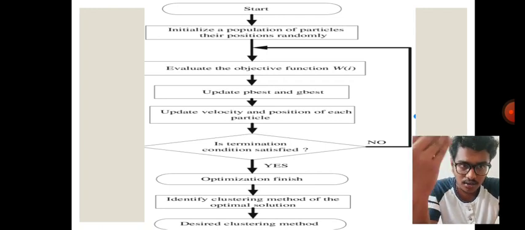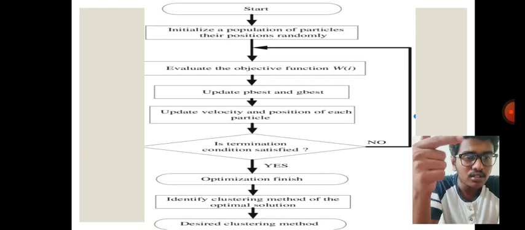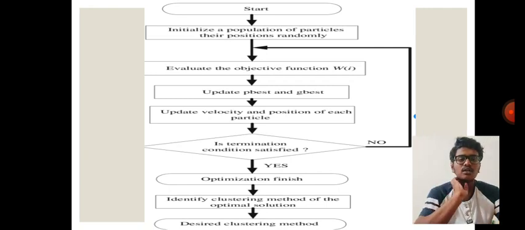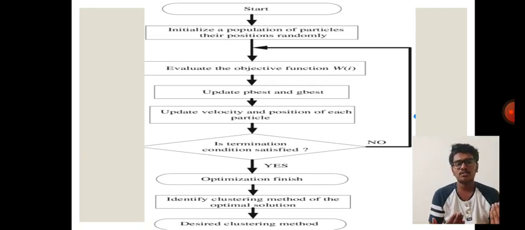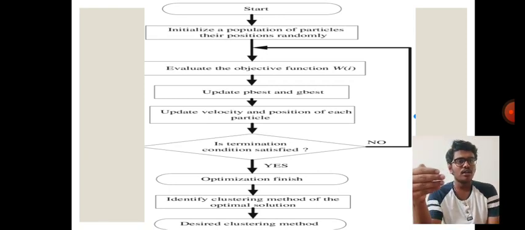We then check whether the termination condition is satisfied. If yes, the optimization finishes, and we identify the clustering method of the optimal solution and the desired clustering method. This is a flowchart on the algorithm and its optimality.